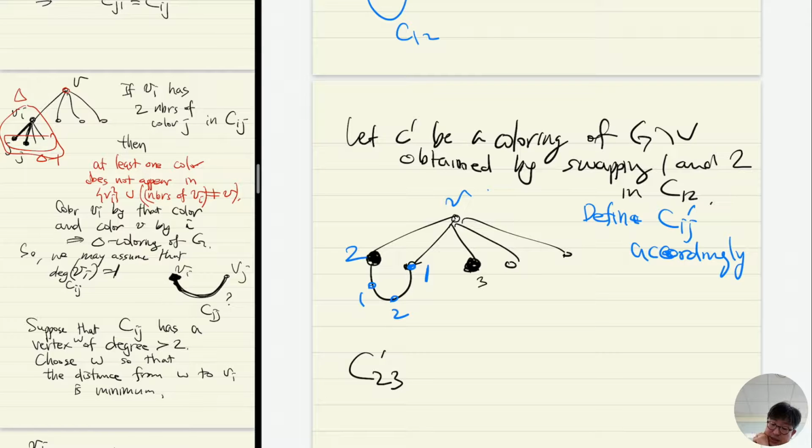So this is color 3, so 2, 3, 2, 3. But in the previous coloring, I used to have a path going to here.